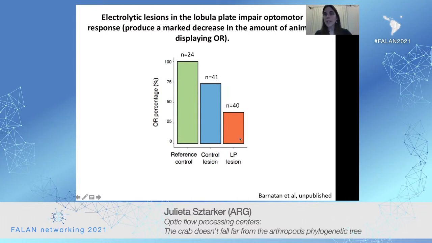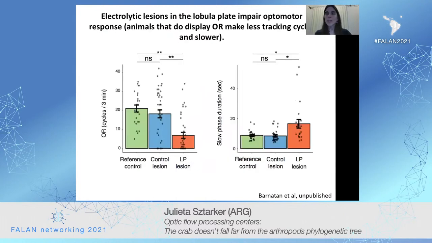But interestingly, even the small number of animals that responded to optic flow showed asynchronic and poor responses. Here you can see the number of tracking cycles in 3 minutes of stimulation, and the lesion of the lobula plate causes about 2/3 of the cycles to be lost.